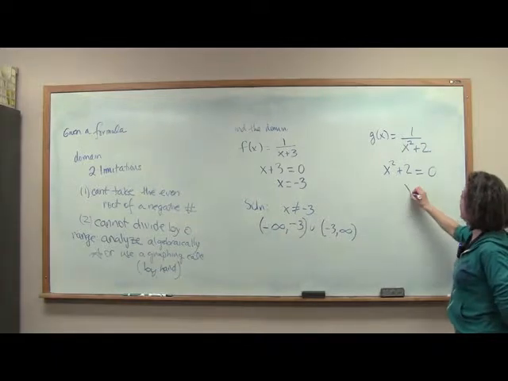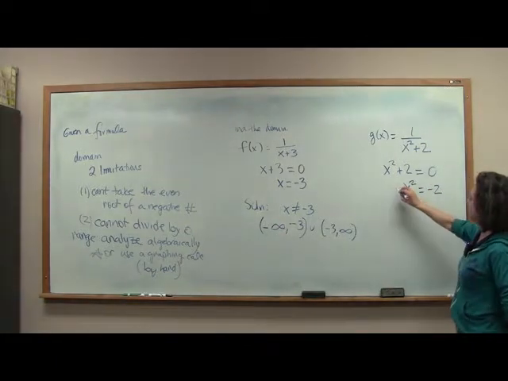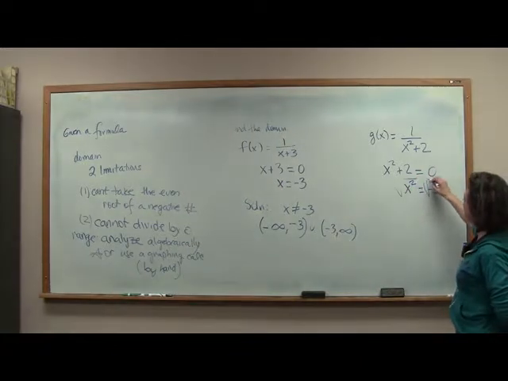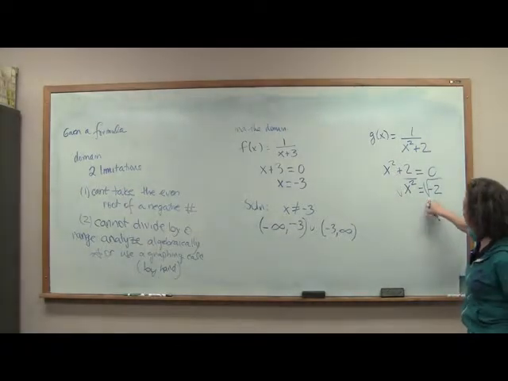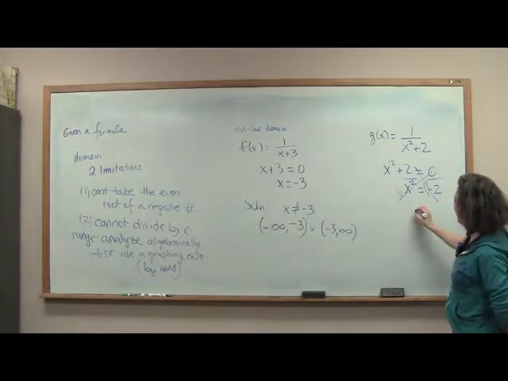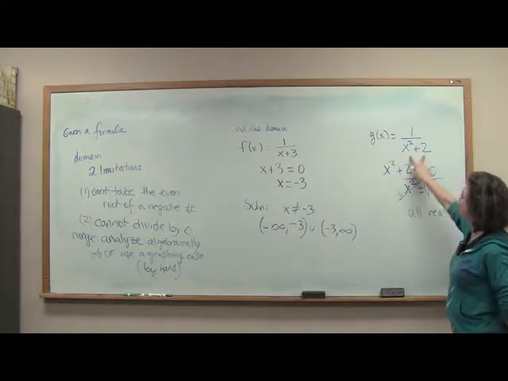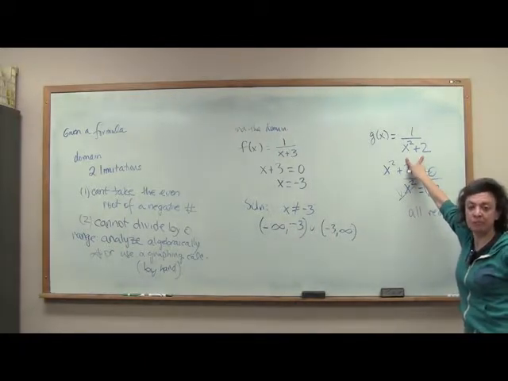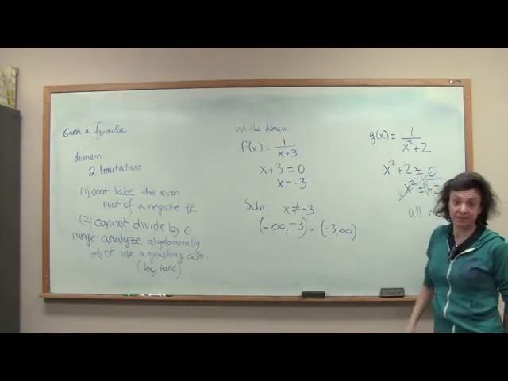Well, in order to solve this, I move my 2 over. And then I continue on to take the square root because I need x. But I can't take the square root of a negative number. In fact, the domain here are all reals. There's no real number that you could plug in here to get your denominator equal to 0.